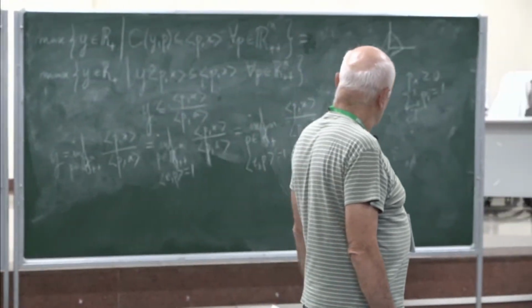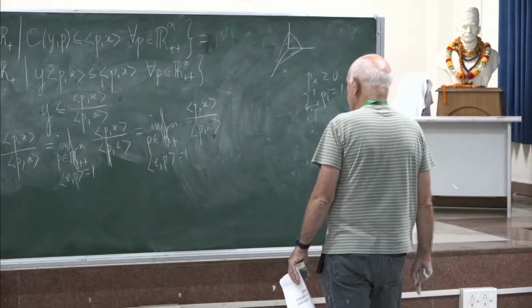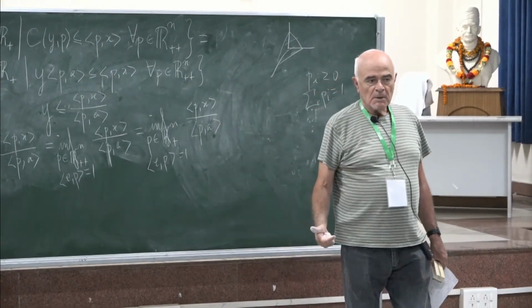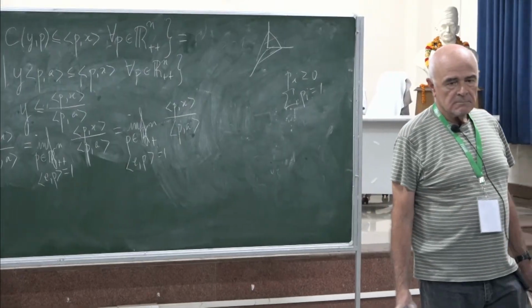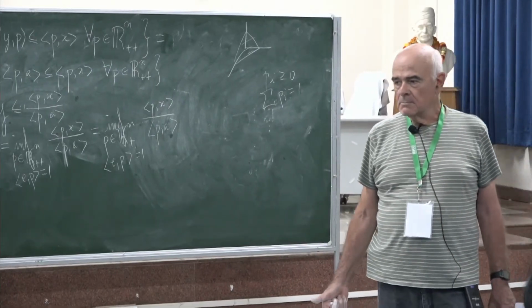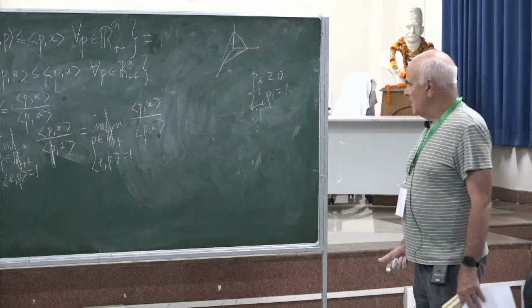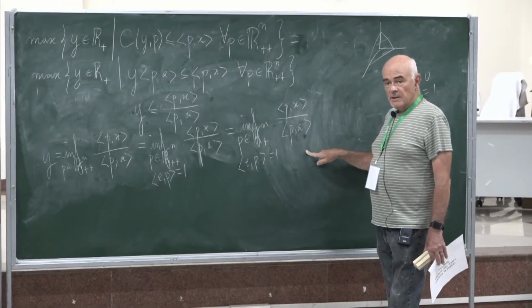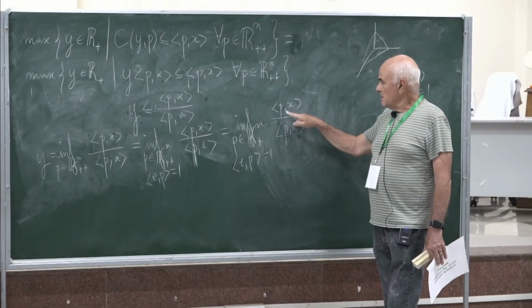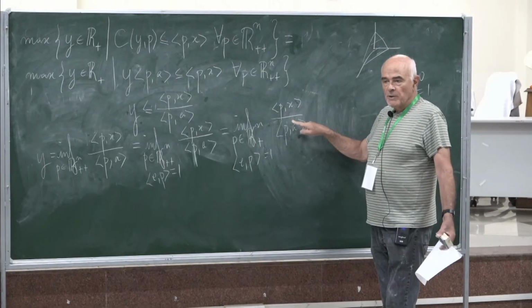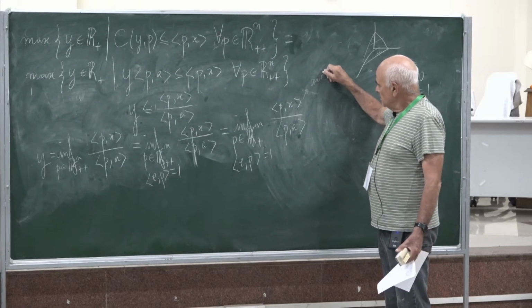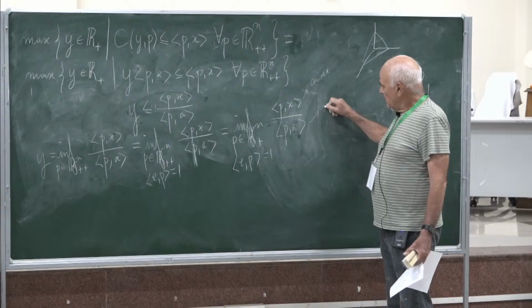But what do we know about this objective function? Does it have any nice property? Linear over linear. That's fantastic. Convex, concave, whatever you like, but I like here convex, and I like here concave.